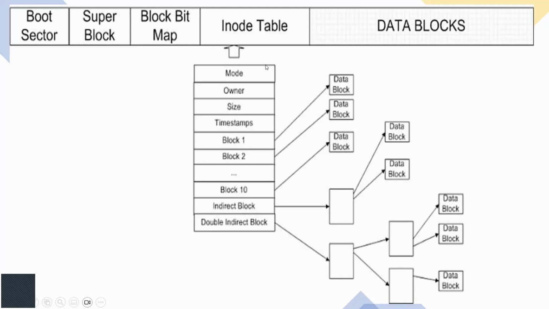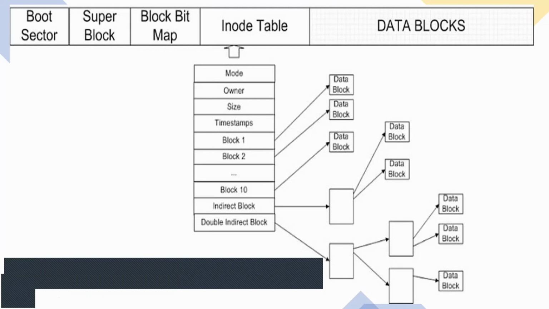In simple terms, the super block acts like a summary or a header that helps the operating system understand how the file system is organized. If the super block is corrupted, the file system may become inaccessible, right?